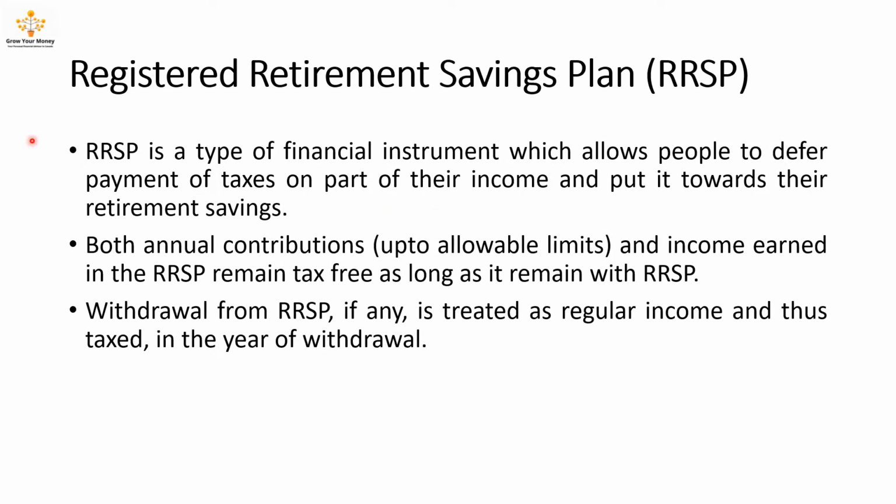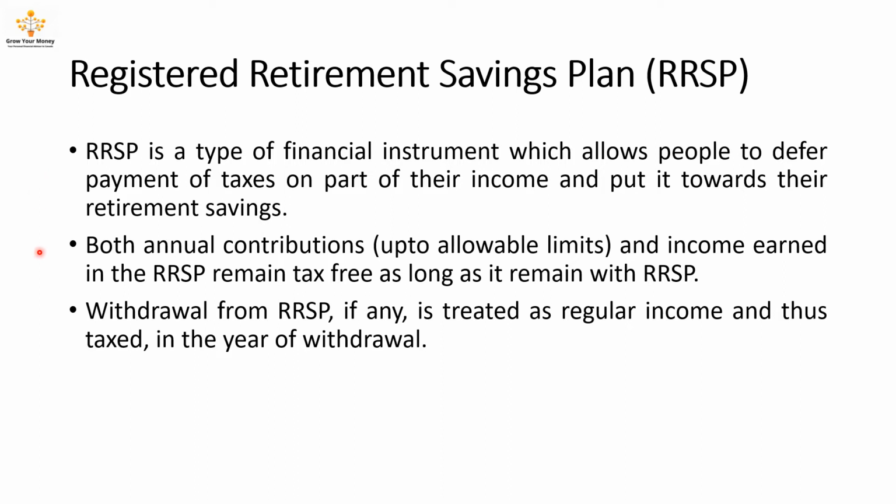So RRSP is a type of financial instrument which allows people to defer payment of taxes on part of their income and put it toward their retirement saving. That is why RRSP is called a tax planning cum retirement planning instrument.